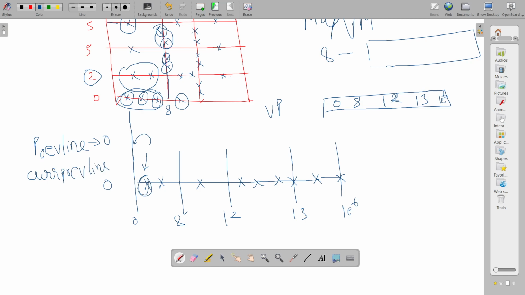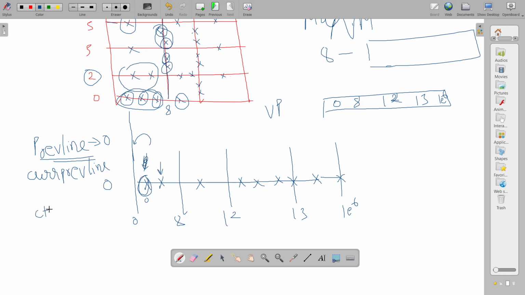So for this element the current previous line is 0. Since this is the first element, you can just move forward. When you are moving forward you will set your previous line as the current previous line. So previous line would be 0 and now you are at this point.